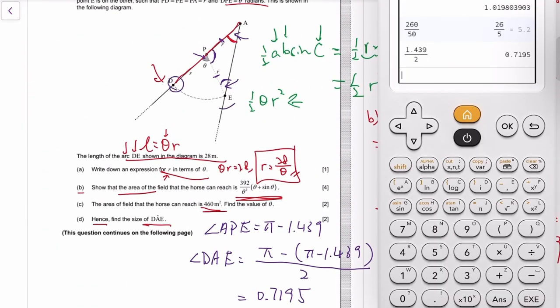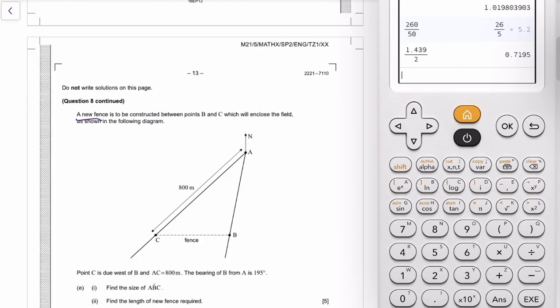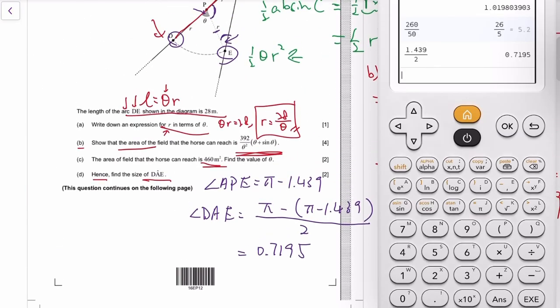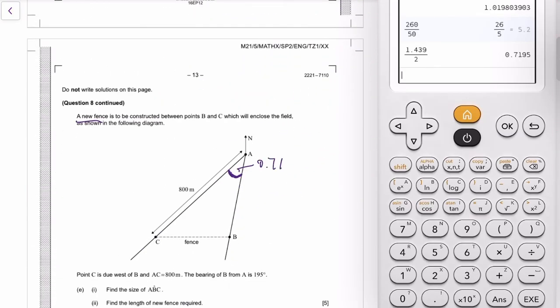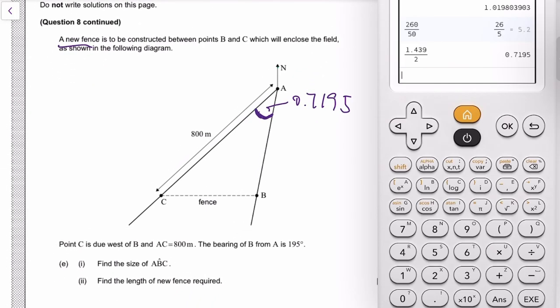Yeah, it was D and E here, but now it's changed to C and B, so I think they're unrelated. The only information that is carried over is that this angle was just found to be 0.7195 in radians. Then we have something of length 800 here.